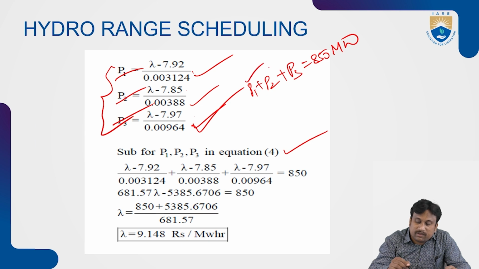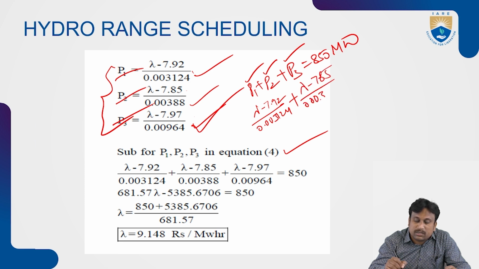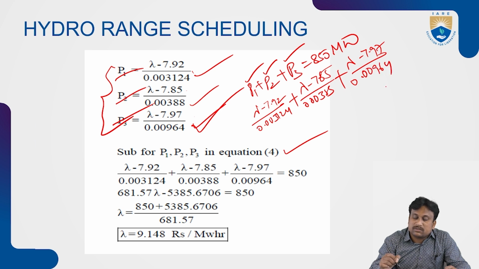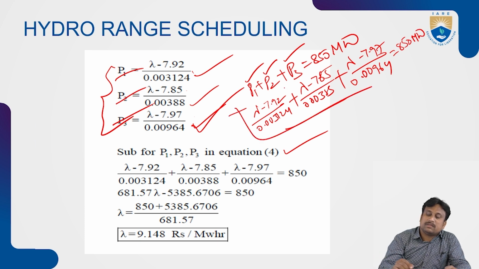Substitute for P1, for P2, for P3, where P1 is lambda minus 7.92 by 0.003124, plus P2 is lambda minus 7.85 by 0.00388, plus P3 is lambda minus 7.97 by 0.0096. When you equate these combinations to 850 megawatts, we obtain the result.